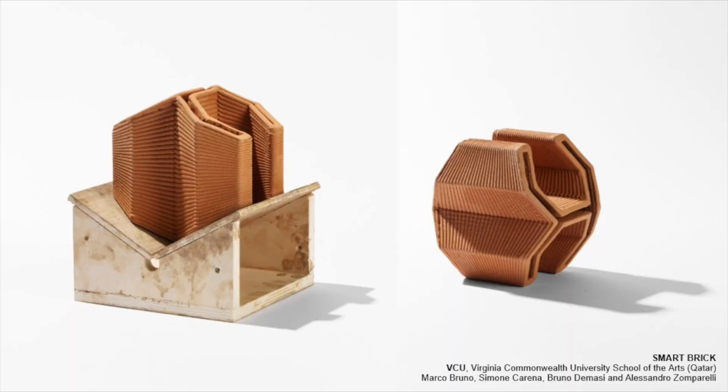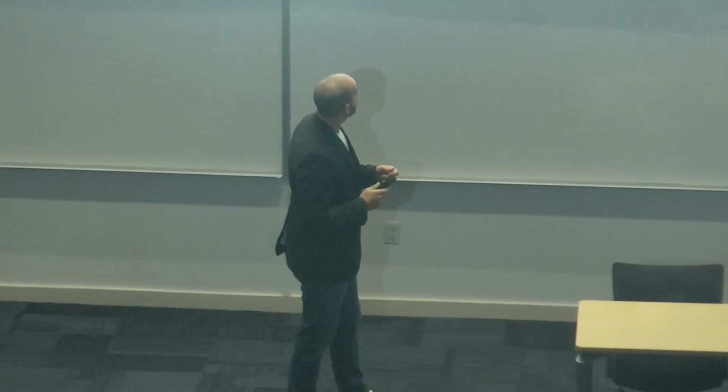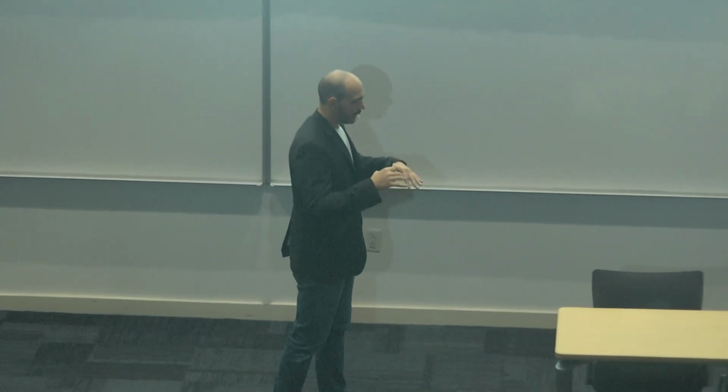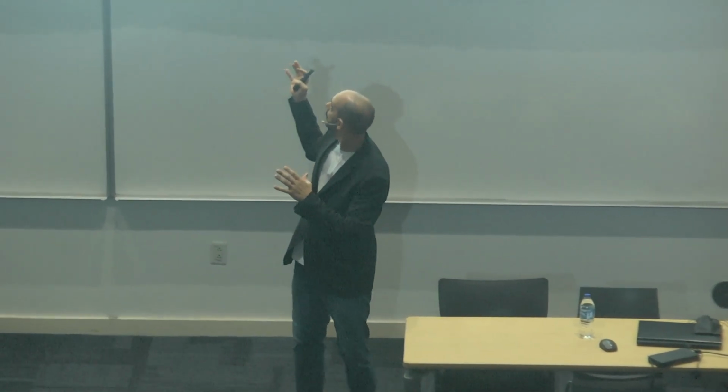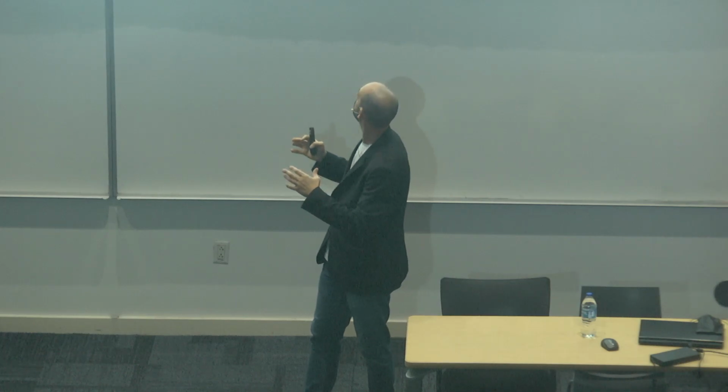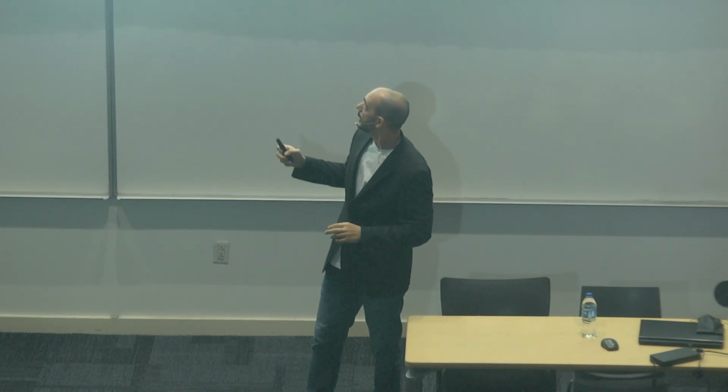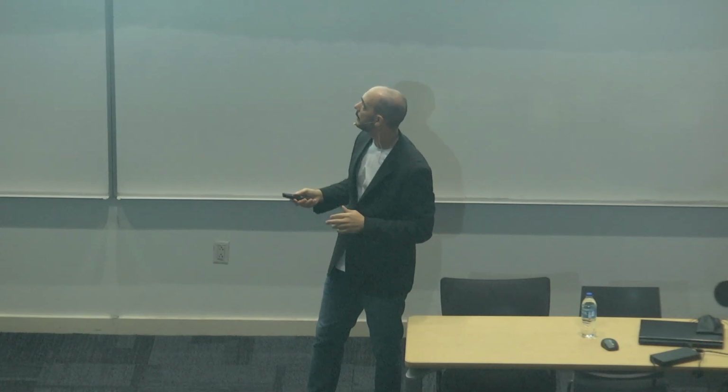In this case, this is a collaboration that we did with VCU in Qatar. And we wanted to play with non-planar layers in order to create a smart block that has this peculiar shape, which looks like a hexagon when you look at the front view. We wanted a texture that has this level of coherence with the design.